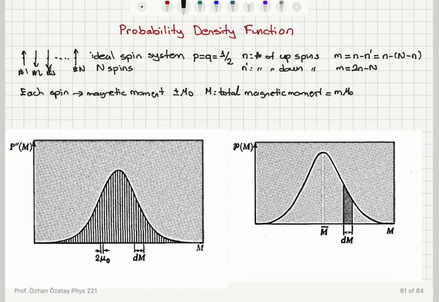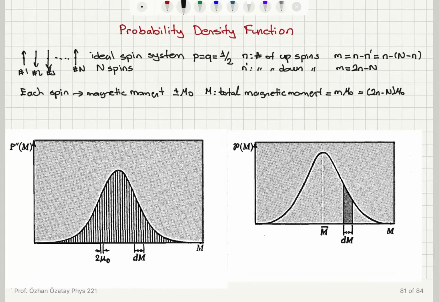So if a spin is up, the corresponding magnetic moment is plus mu 0. If it's down, it's minus mu 0. So it's a positively charged particle that has a spin. This is basically given by 2N minus capital N times mu 0.